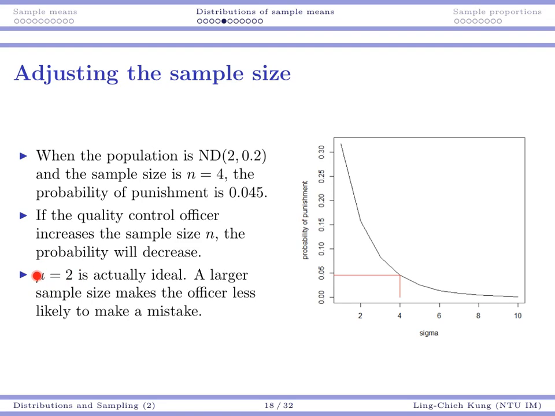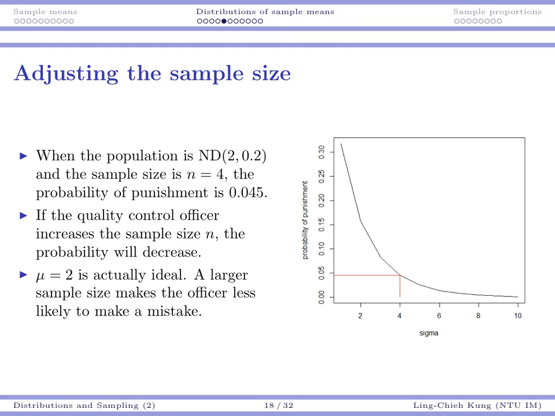Because mu equals 2 is actually an ideal situation. So my population mean is actually within 1.8 and 2.2, and that part is good. If the officer collects 4 values and claims that my production process is having some problems, then in some sense she is making a mistake, right?